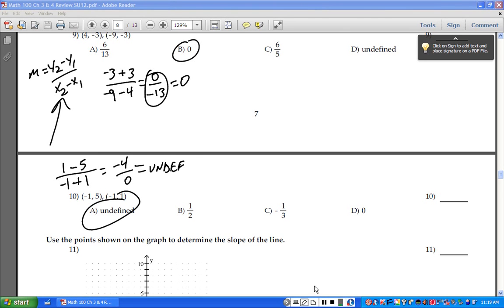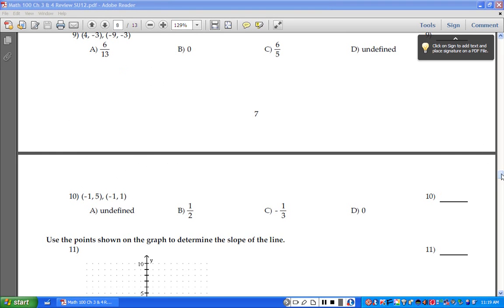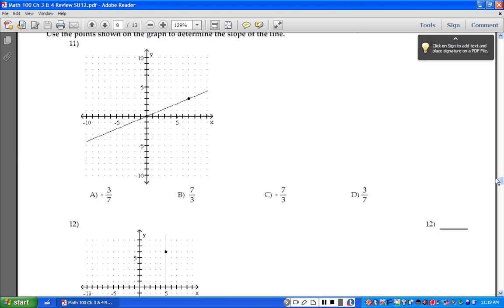Alright, moving on. Number 11. So I need to determine the slope. It says use the points shown on the graph to determine the slope of the line. So if I want slope, all I need to do is find 2 points on the line.